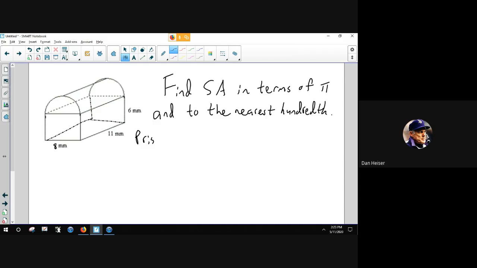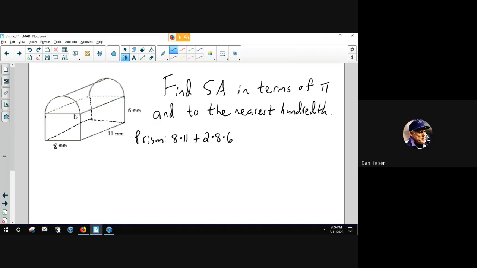Prism. We have 8 times 11. That's the floor. We have this wall that measures 8 across, 6 high. And there are 2 of them. The back wall measures the exact same as well.